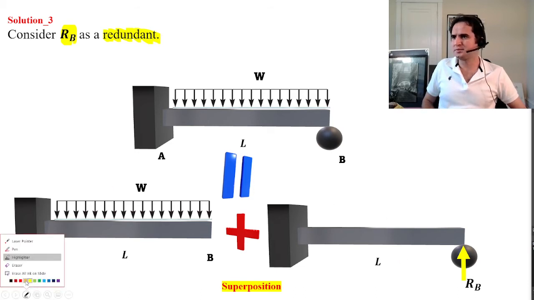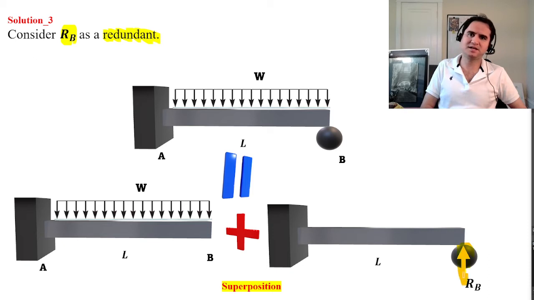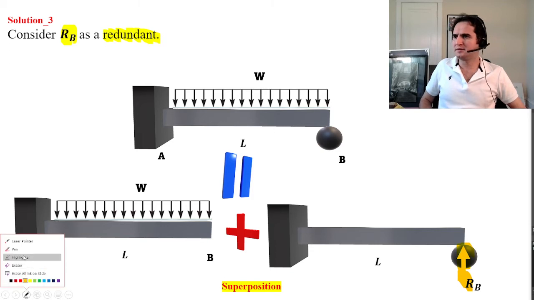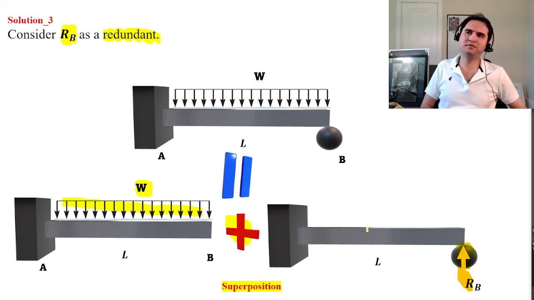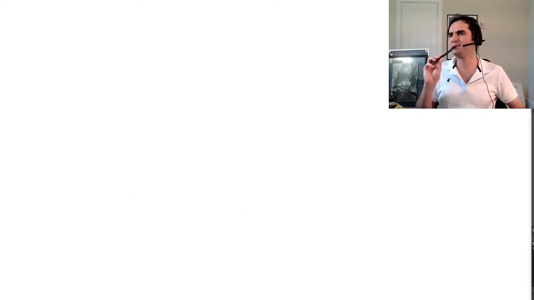So just assume that we consider reaction at B as a redundant, and then convert the original beam to a cantilever beam with the uniformly distributed load of W plus a cantilever beam just handling the reaction RB. So we apply RB as an unknown to the structure, see the effect, and then calculate the reaction at B.